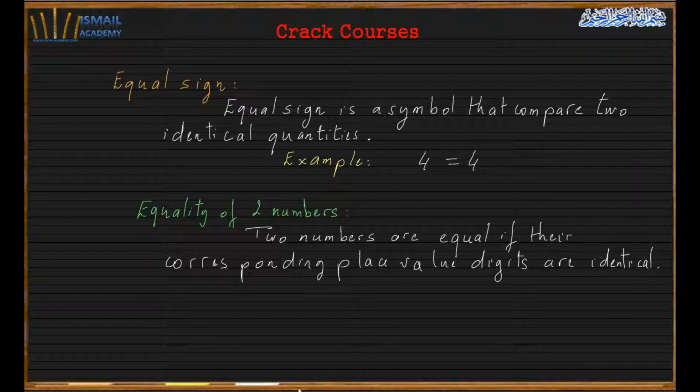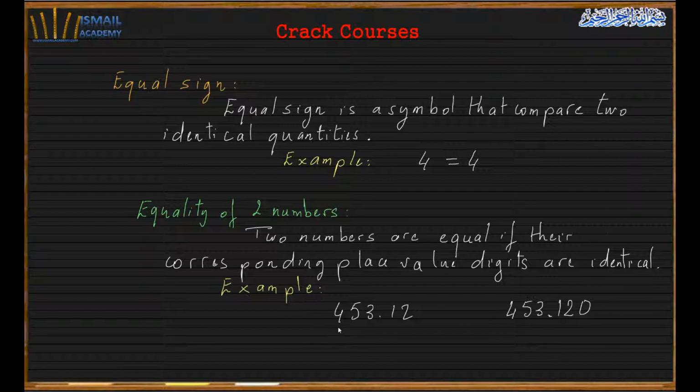If I want to check if two numbers are equal, for example 453.12 and 453.120, what I need to do is check the corresponding place values, meaning the digits of the identical place value.